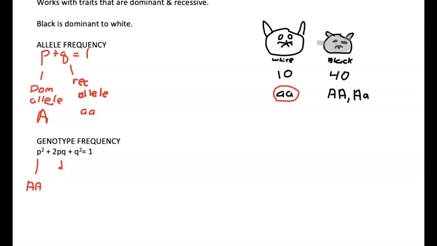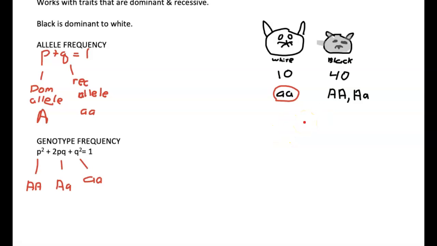Dominant, homozygous dominant genotype. 2pq represents the heterozygous genotype. And q squared represents the recessive genotype, little a, little a. All right, so what we're doing is establishing the equations to use with this population. So we come over here and I look at this and I go, okay, I got 50 cats.